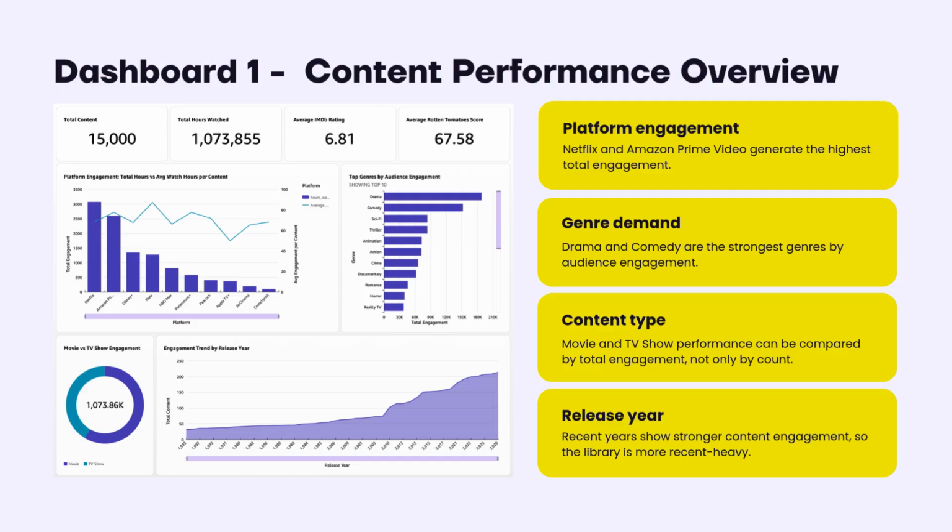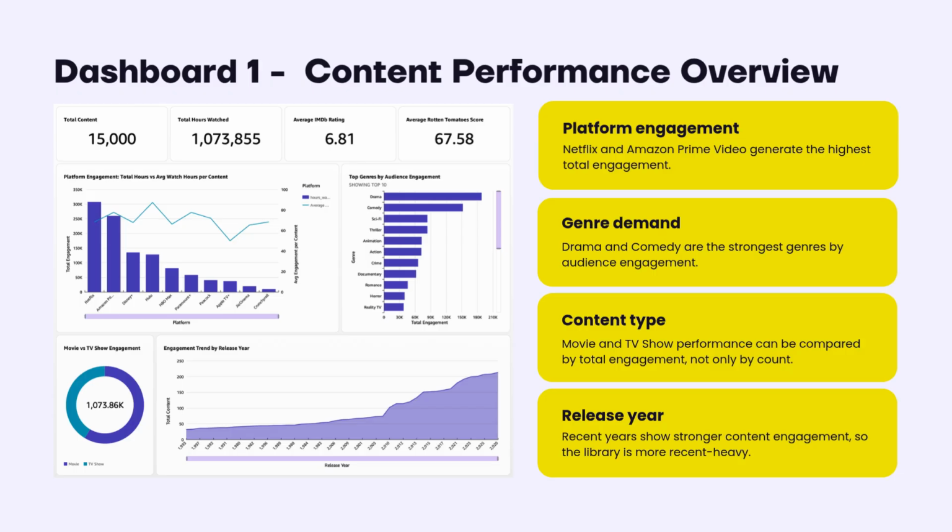Now to our first dashboard, content performance overview. Its purpose is to understand the overall performance of the streaming content library. At the top, we show summary metrics such as total content, total hours watched, average IMDb rating, and average Rotten Tomatoes score. In the platform engagement chart, we can see that Netflix and Amazon Prime Video generate the highest total engagement.